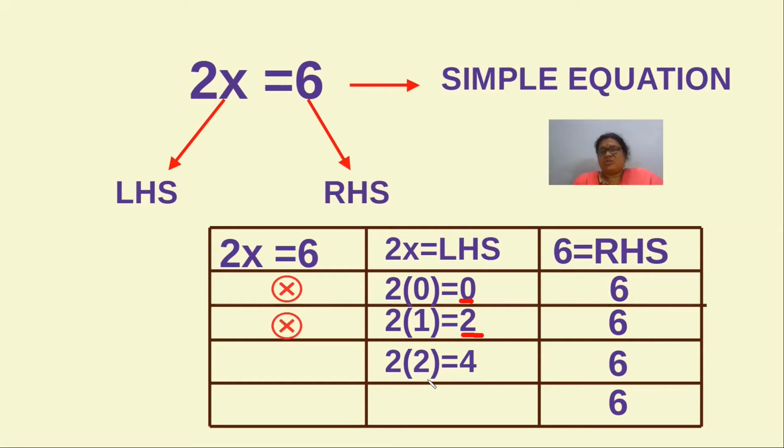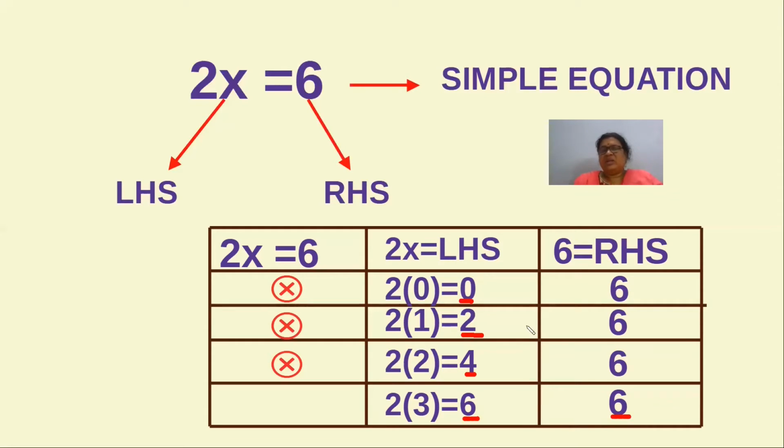Now we'll put 2. 2 into 2, it is 4. So LHS is 4 and the RHS is 6. Are they equal? No. In this case also, they are not equal. Now, we will put 3. 2 into 3, 6. Now observe carefully, they are equal.